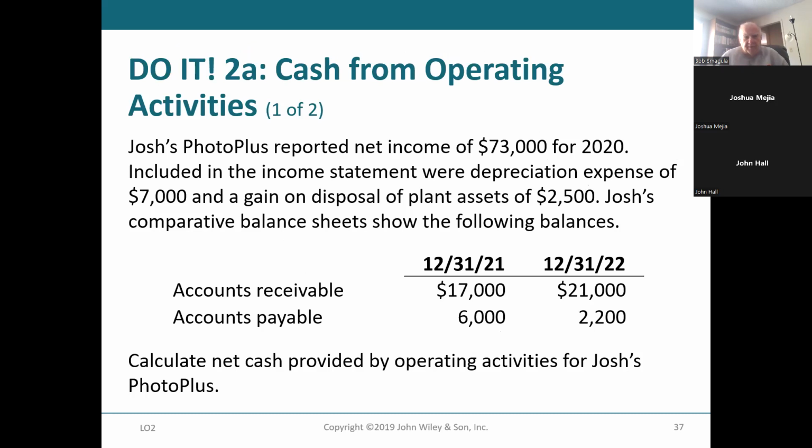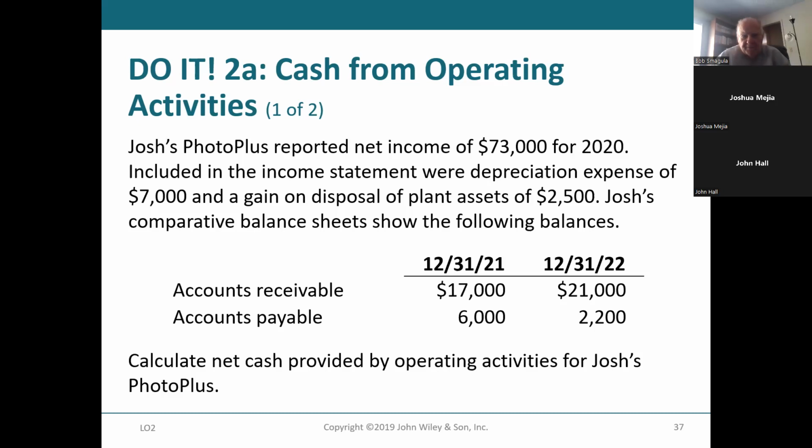More cash from operating. John's Photo Plus had net income of 73,000. It includes depreciation expense and a gain on disposal. John's comparative balance sheets show the following. So what's the net cash provided by operating? Well, we always start with net income.